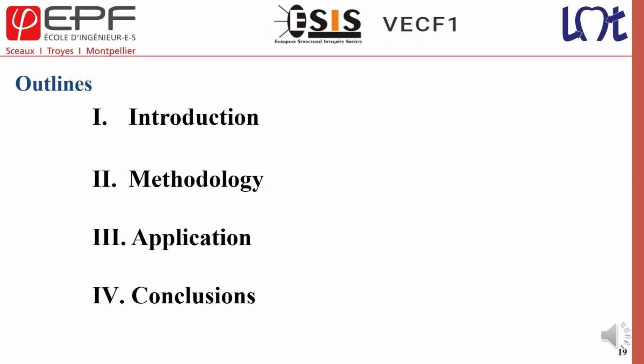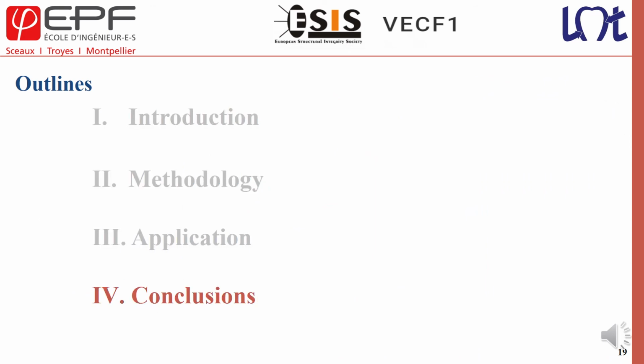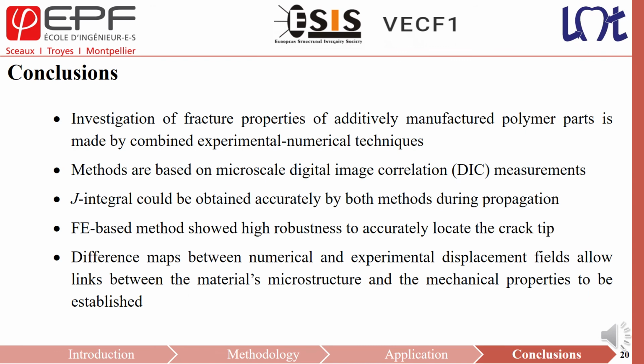Some conclusions can be drawn from this work. A combined experimental-numerical technique based on microscale digital image correlation measurement was used to investigate the fracture properties of additively manufactured polymer parts. The J integral could be obtained accurately by both methods during propagation.